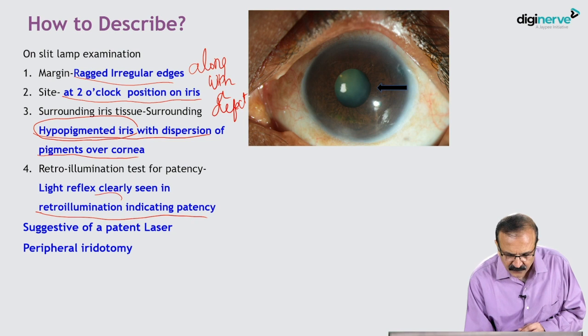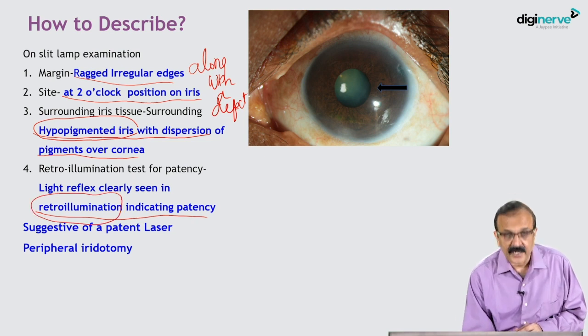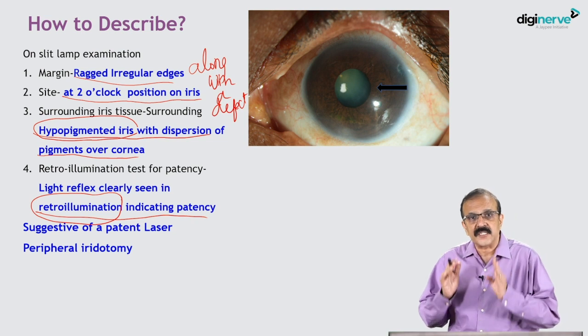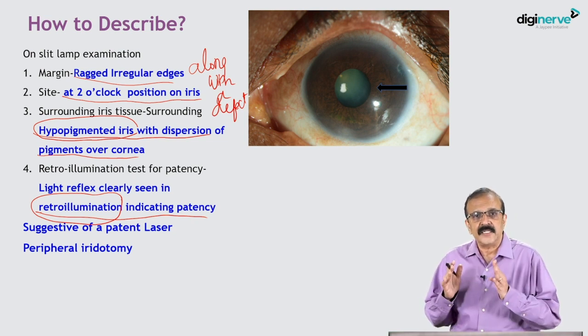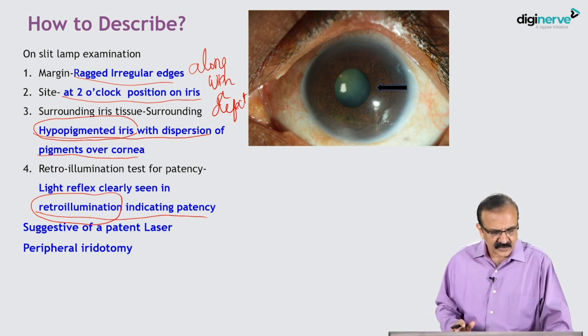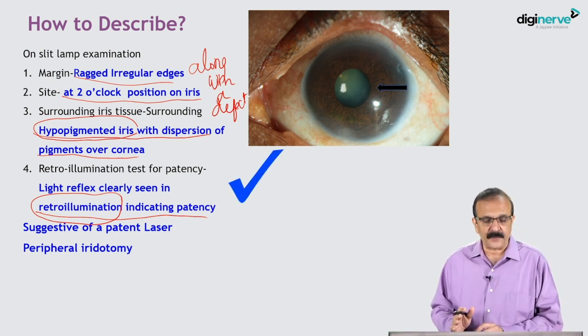This retroillumination tells you that it is patent. So you are telling 2 things extra than just saying that PI is present or not. So that's the difference. This is the way to actually present. So this was laser peripheral iridotomy.